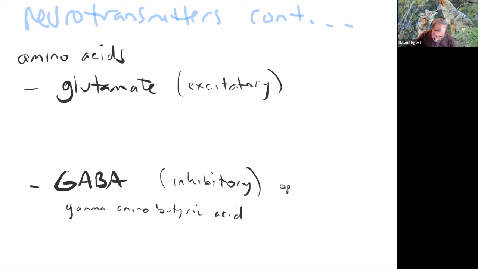This opens chloride channels. If you're opening a chloride channel, you're going to bring the voltage down and you are going to take the target neuron further away from its threshold.